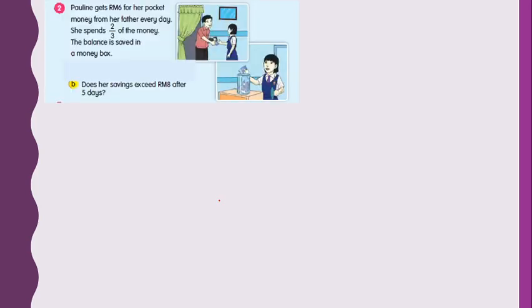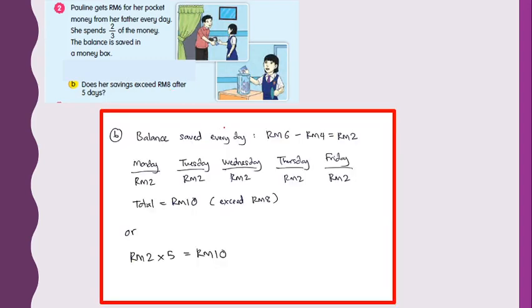Then 2B, does her saving exceed 8 ringgit after 5 days? Alright, so she spent 4 ringgit every day. Dia belanjakan 4 ringgit. Baki dia simpan. So baki yang disimpan setiap hari adalah 2 ringgit.